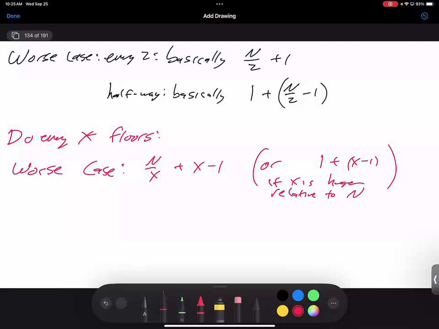But these are the two extremes. So which do you think is going to be better, n over 2 or n over x plus x minus 1? When I'm looking at this, it's the n over x plus x that really matters. Do you think there's going to be a choice of x that's better than x equals 2?